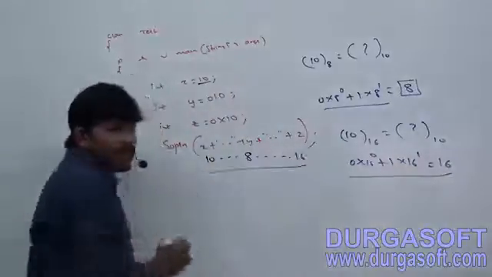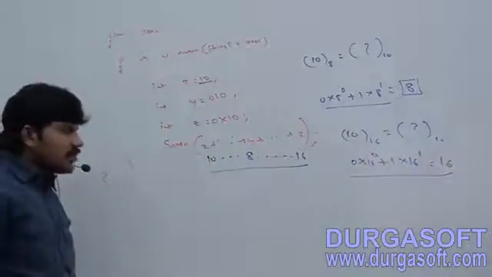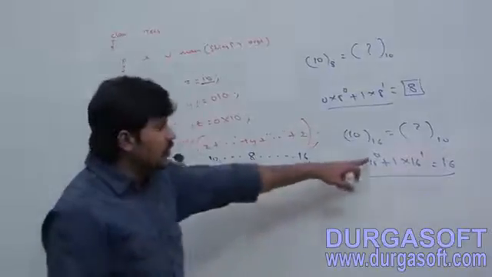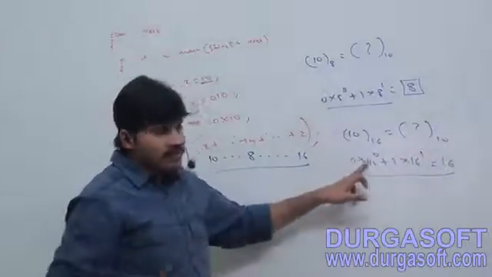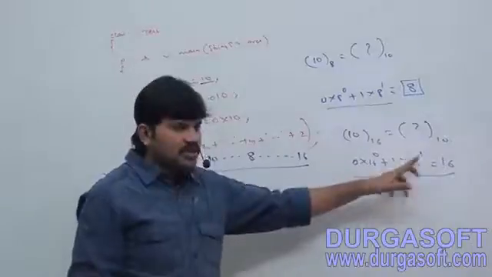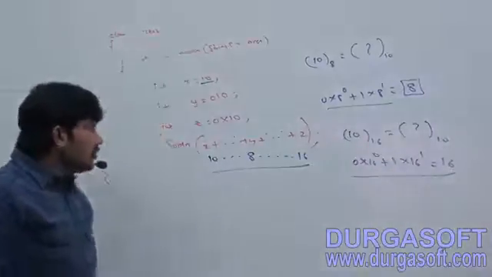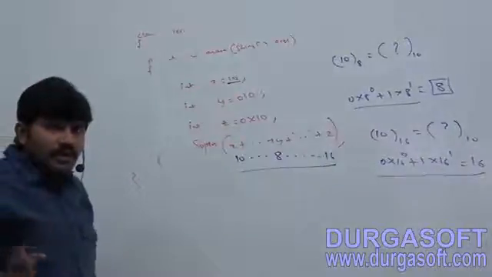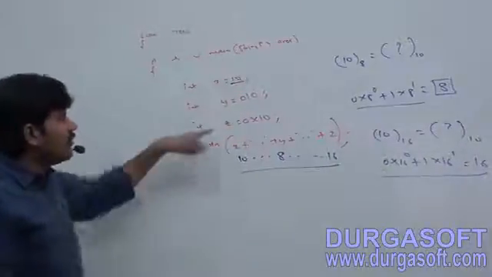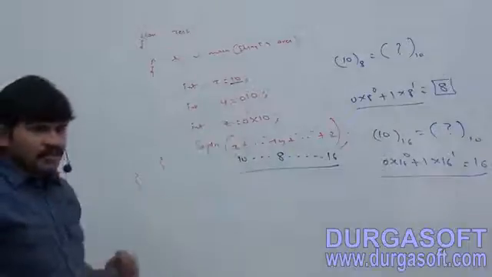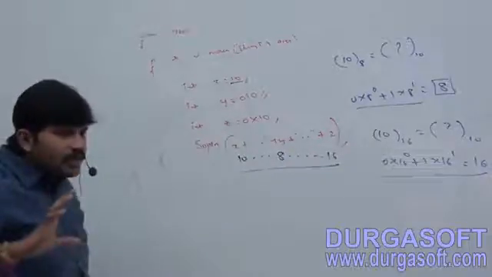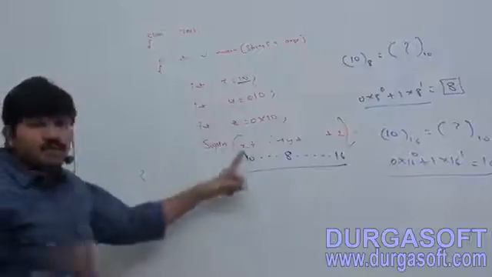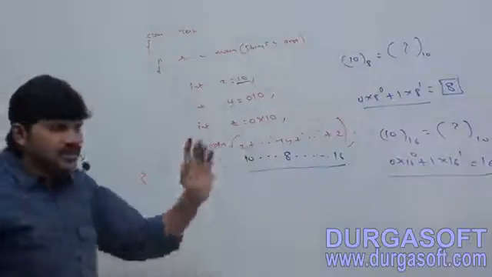So 16 itself is the answer. 0 into 16 power 0, 0 plus 1 into 16 is 16, right? Here make sure you people are aware. The programmer has the choice to specify the value in decimal, octal or hexadecimal. But the JVM is always going to provide the value only in decimal form: 10, 8, 16.